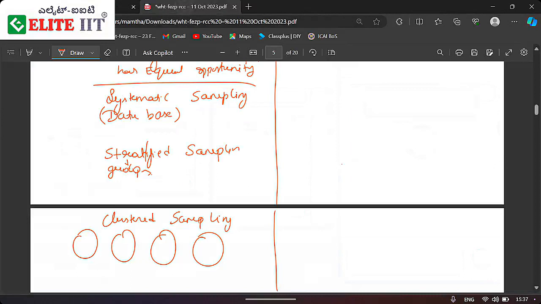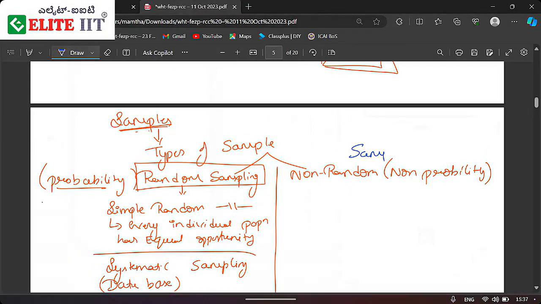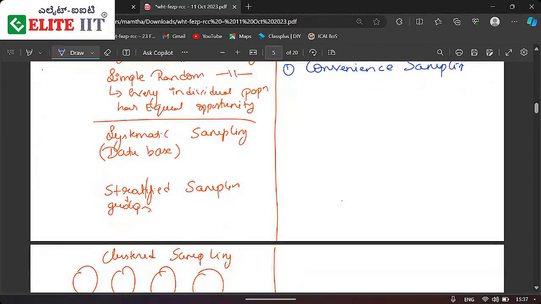As I already said, there will always be a sampling bias. It is based on the bias itself, that means the pre-assumed requirement. According to the requirement of the researcher, we select the data. In this, we have different types. The first is convenience sampling. The second is voluntary response sampling.